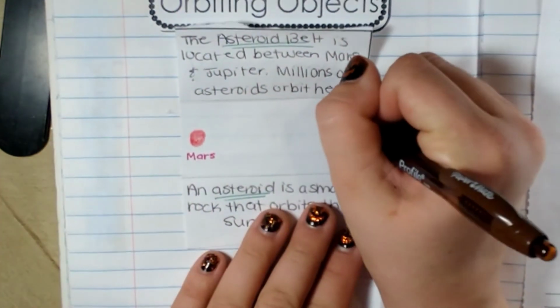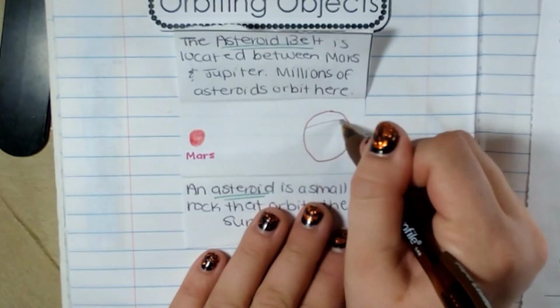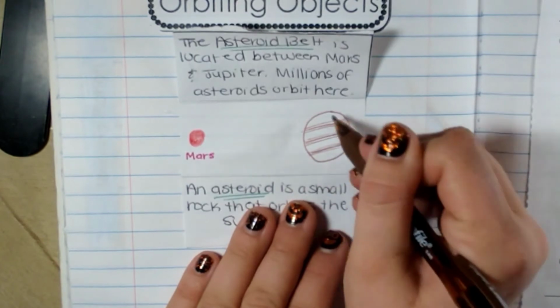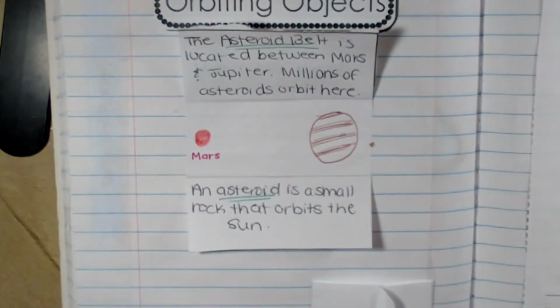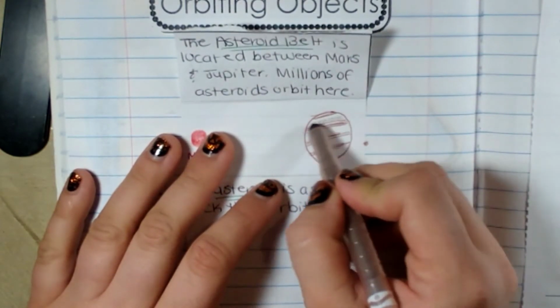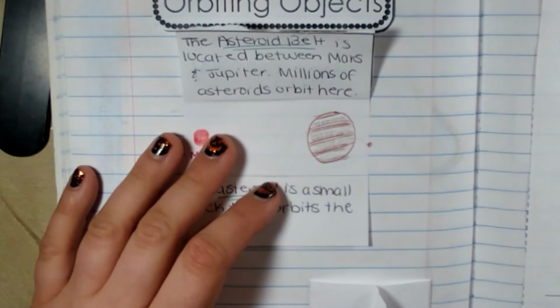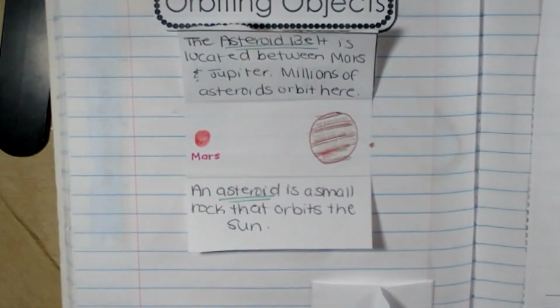And then we have Jupiter over here. Jupiter is a very large gas giant, and it has a bunch of stripes. It also has the red spot.